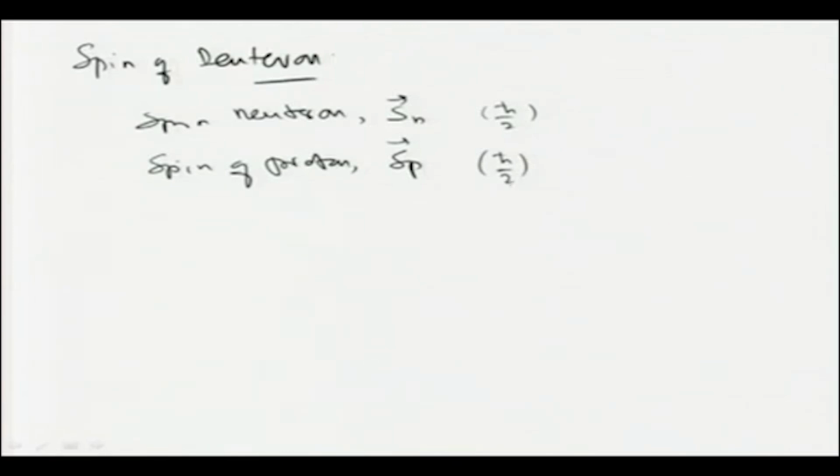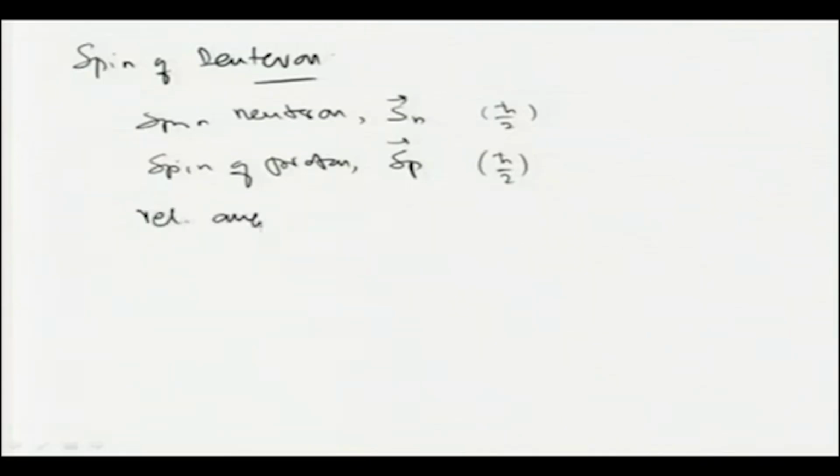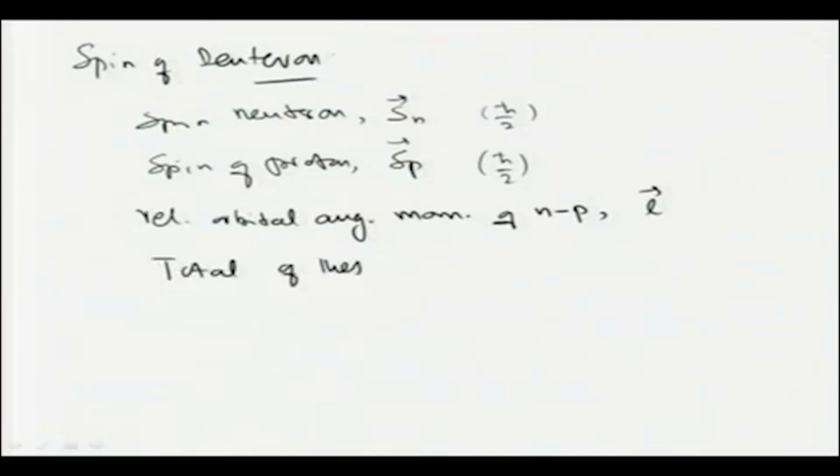Certainly when we talk about the total spin of the deuteron, the spins of the neutron and proton will contribute to it. Not only this, we can also think about the relative orbital angular momentum of the neutron and proton. Let me denote it by L, and then the total of these.